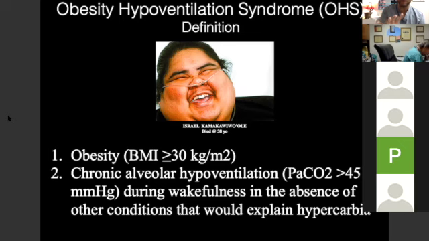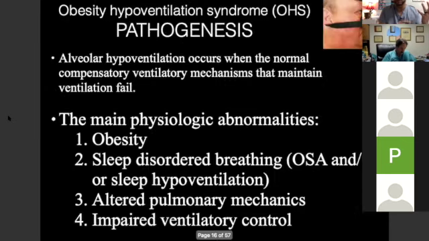So you have to have obesity, and you have to have a PaCO2 of greater than 45 while you're sitting there. Some people get a little hypercarbic while they sleep with OSA, but we're talking about daytime hypercapnia. So obesity and daytime hypercapnia that can't be explained by other sources of lung disease.